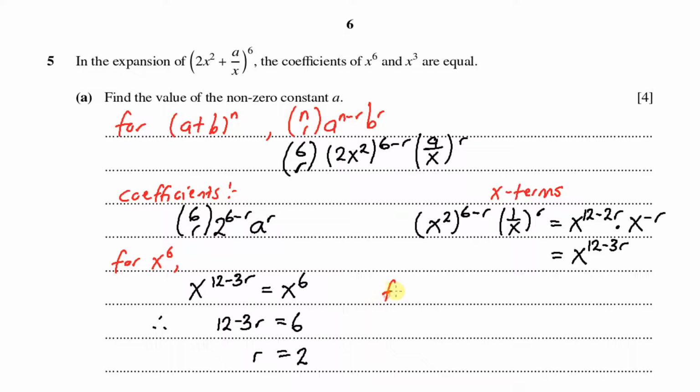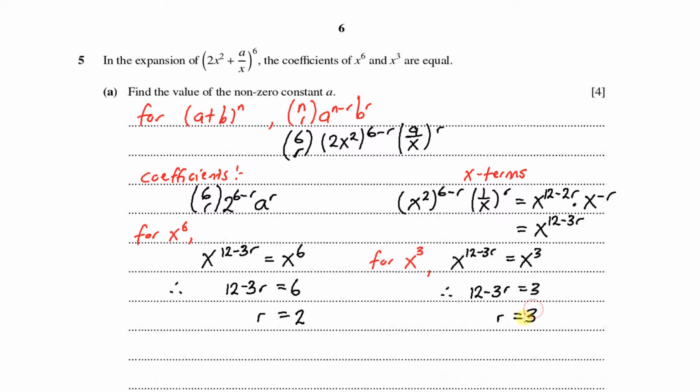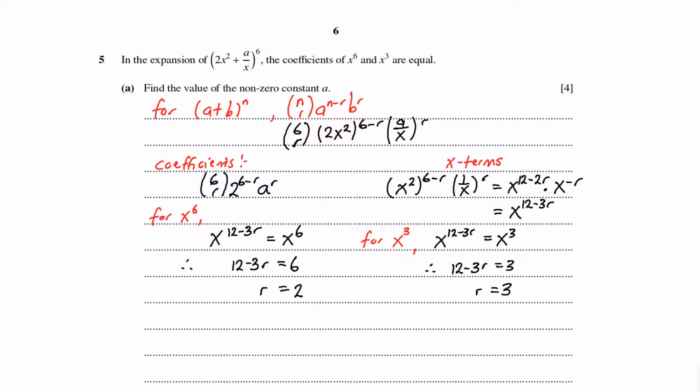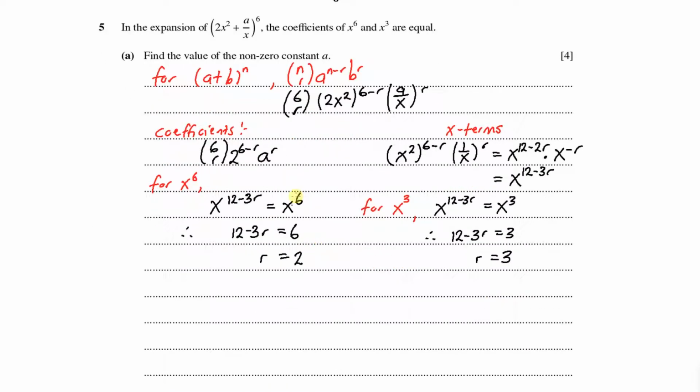And now we can say for x cubed, the x term, which is x to the power of 12 minus 3r, should be equal to x to the power 3, which therefore translates to 12 minus 3r being equal to 3. So if we solve for r from this small equation, we get r coming out as 3. So we now know the value of r for the term in x to the power 6 and the term in x cubed.